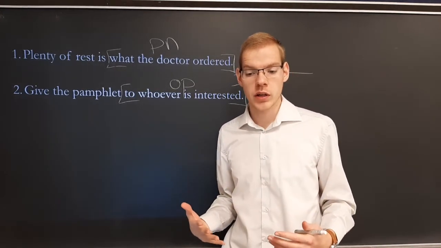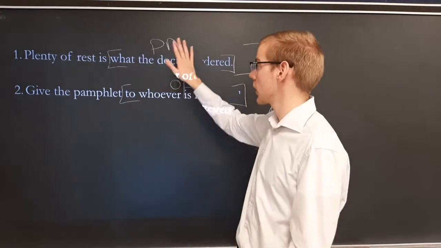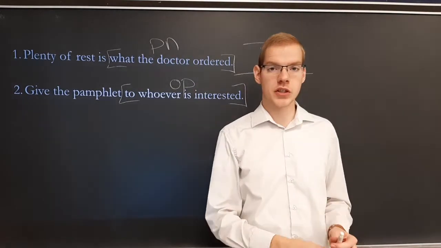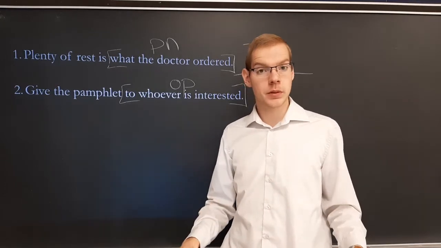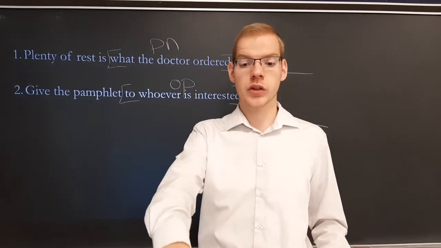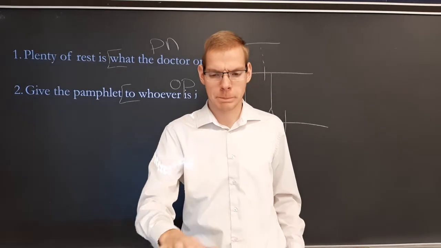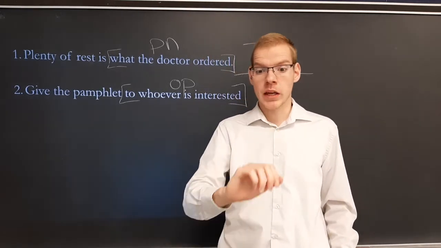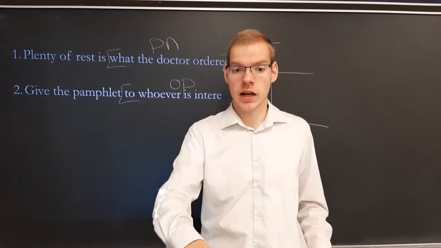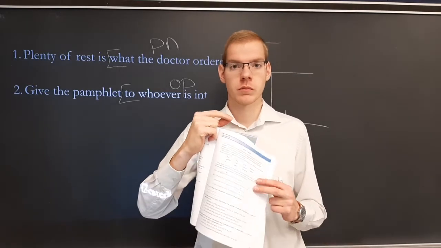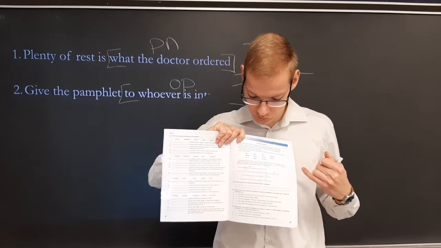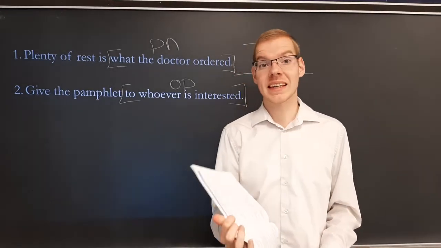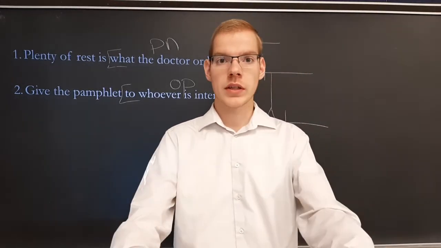Now if we go on to numbers 2 to 6, it says bracket each noun clause, and tell whether each is functioning as a predicate nominative or an object of preposition. These ones will be simpler because all you have to do is take a look at that list of words right there. Those begin these noun clauses.